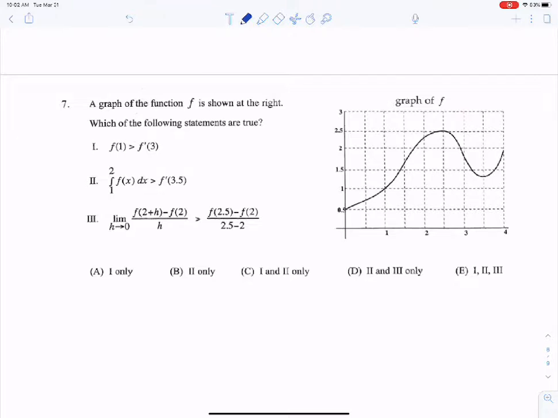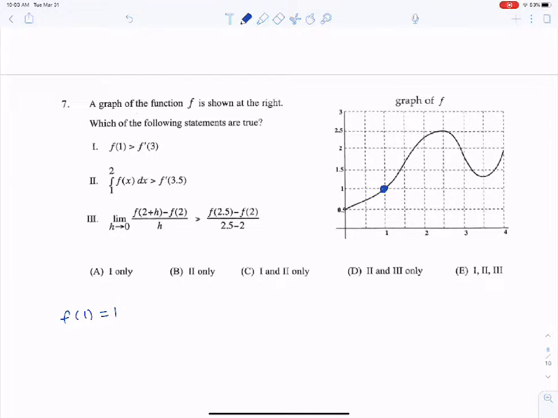So, f of 1. What is f of 1? A graph of the function f is shown to the right. Which of the following is true? This is the graph of f. So f of 1, I think you would agree, is 1. Now let's look at f prime of 3.